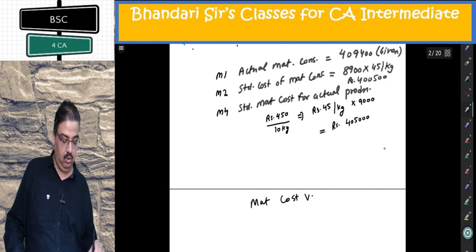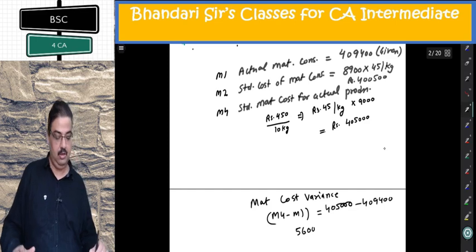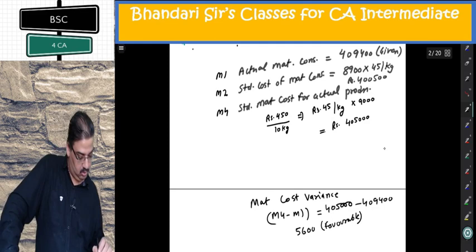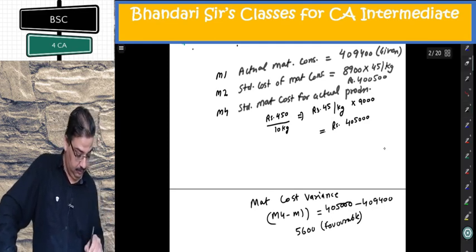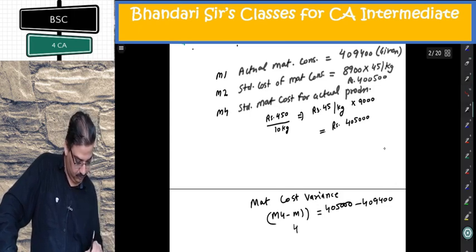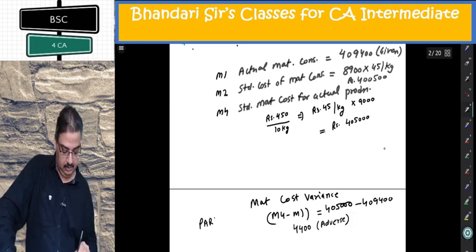Material cost variance, M4 minus M1, 4,05,000 minus 4,09,400. This becomes 5,600 favorable. Sorry, 4,400 adverse. This is part 3 answer.